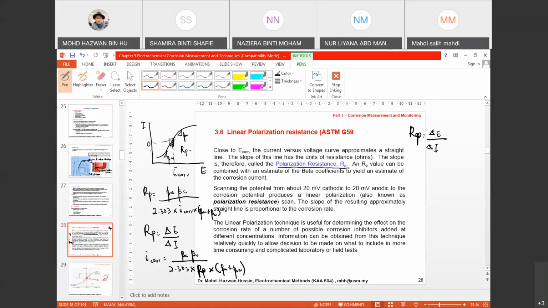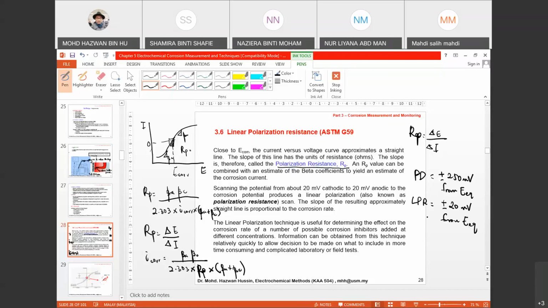All right. Another advantage of linear polarization resistance is this: if you remember for the potentiodynamic polarization, PD method, the overpotential range is plus or minus 250 millivolts from the equilibrium potential, E corr or EOCP. But for linear polarization resistance, the range will be plus or minus 20 millivolts from the equilibrium potential. Why?